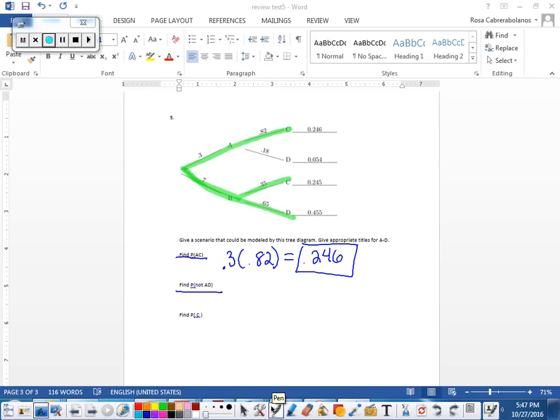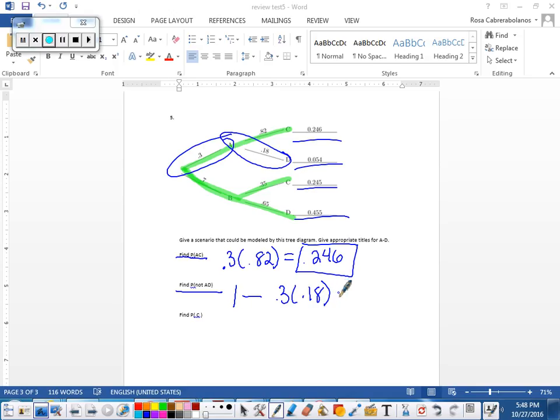So instead, I know that when I add all these, it gives me 1. And the only one I don't want is AD. So minus 0.3 times 0.18. And like I said, the answer was already there. So 1 minus 0.054, which is 0.946. I think that's what it was. I don't remember exactly, but hopefully it was.